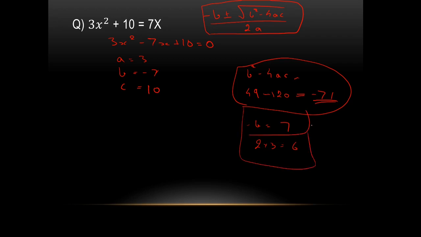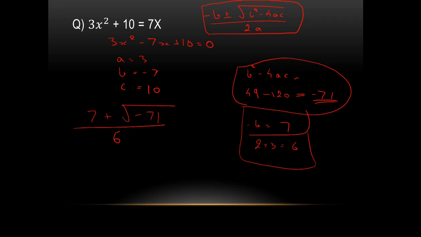We have found out all the values of our components in the quadratic formula, and now let's substitute. We get our answers as 7 plus square root of minus 71, whole by 6. So this is one of our answers.